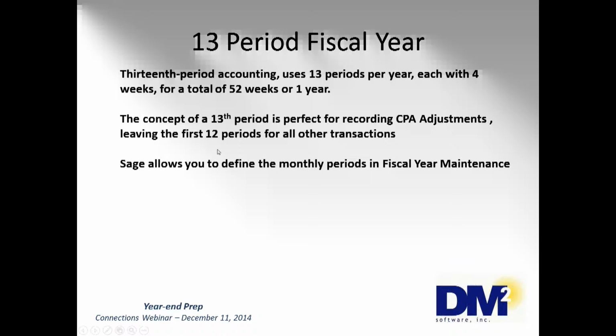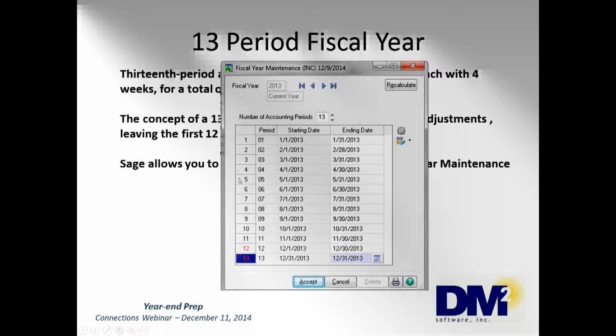So what you do is you go into your fiscal year maintenance, and first of all select the number of accounting periods set to 13, and then start defining what those periods are. Periods 1 through 11 would be typical, the first of the month through the end of the month. But on period 12, put 12/1 to 12/30, and then the 13th period being 12/31 to 12/31, with the intention of making all of your year-end adjustments on that date.